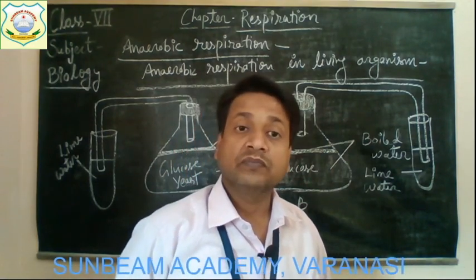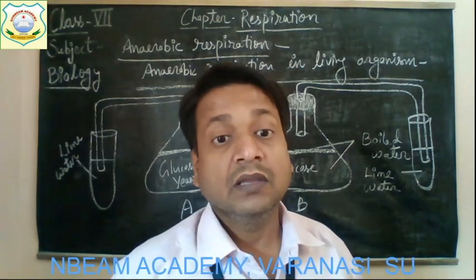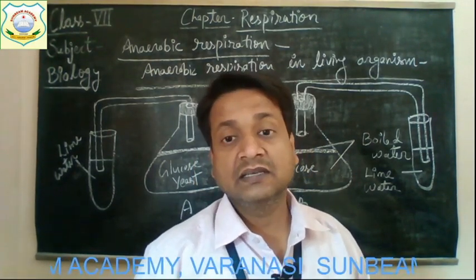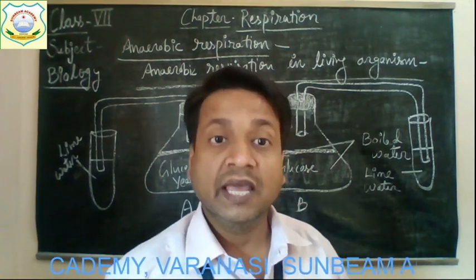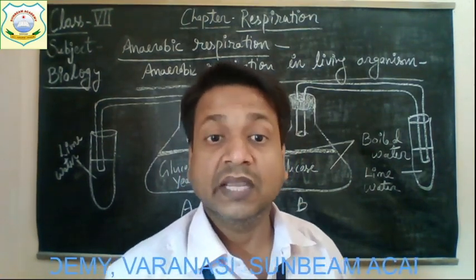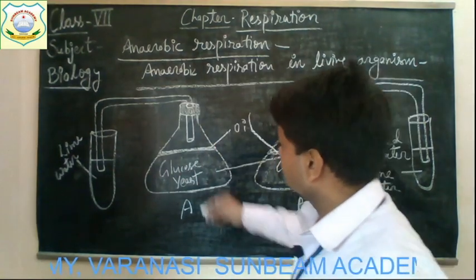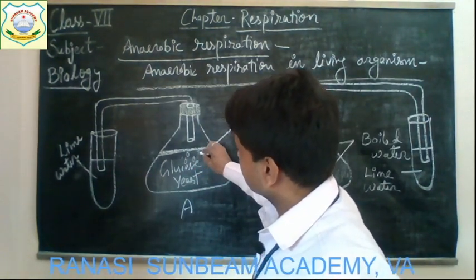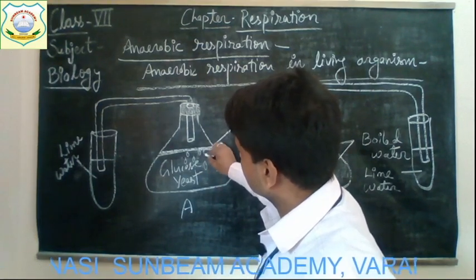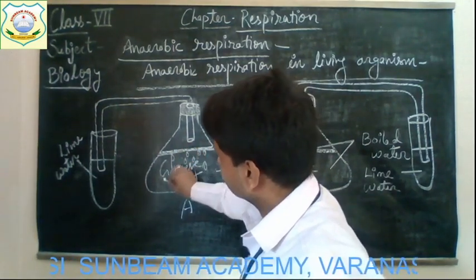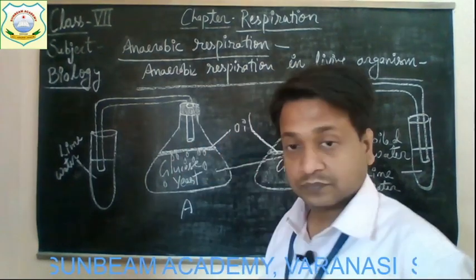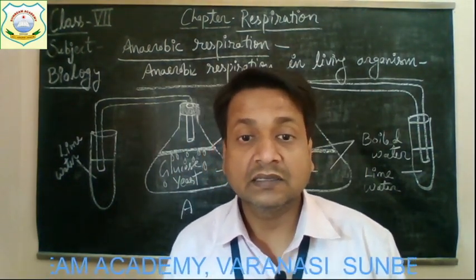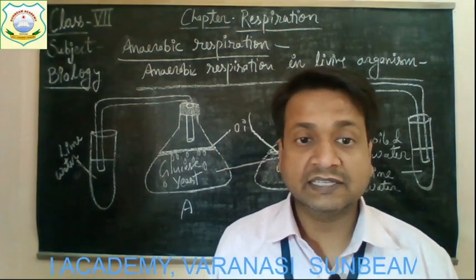Now, after some time, you will notice that bubbles of colorless gas escape from the solution in flask A. In which flask? A. The bubbles will escape. And these bubbles, which are colorless, are actually a kind of gas.